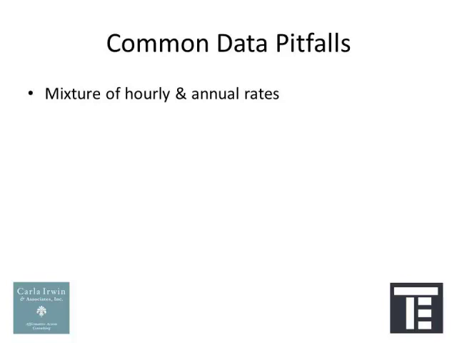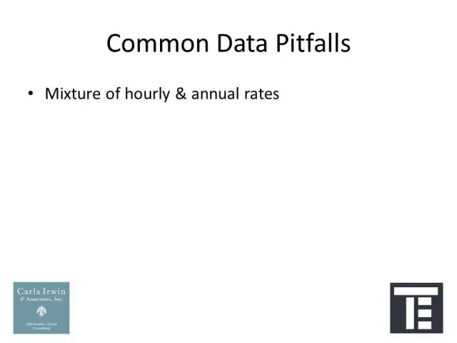So let's talk about some common data pitfalls. Common things that I see are, when I get the data file, I see a mixture of hourly rates and annual rates. And this really happens not only for the hourly people, the non-exempt people, but also with the exempt people. If you've got a mixture of hourly rates and annual rates, that information has to be reconciled before you can do anything with it.